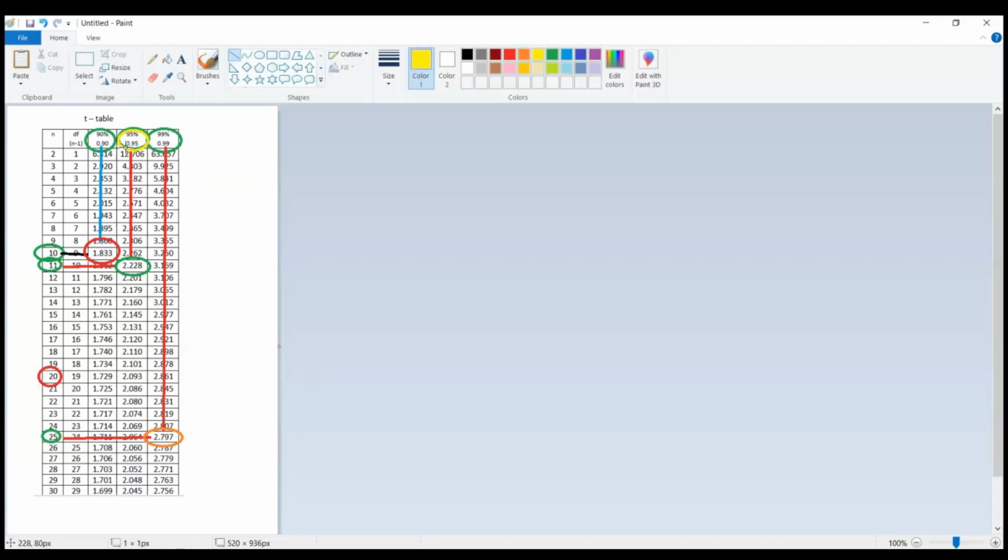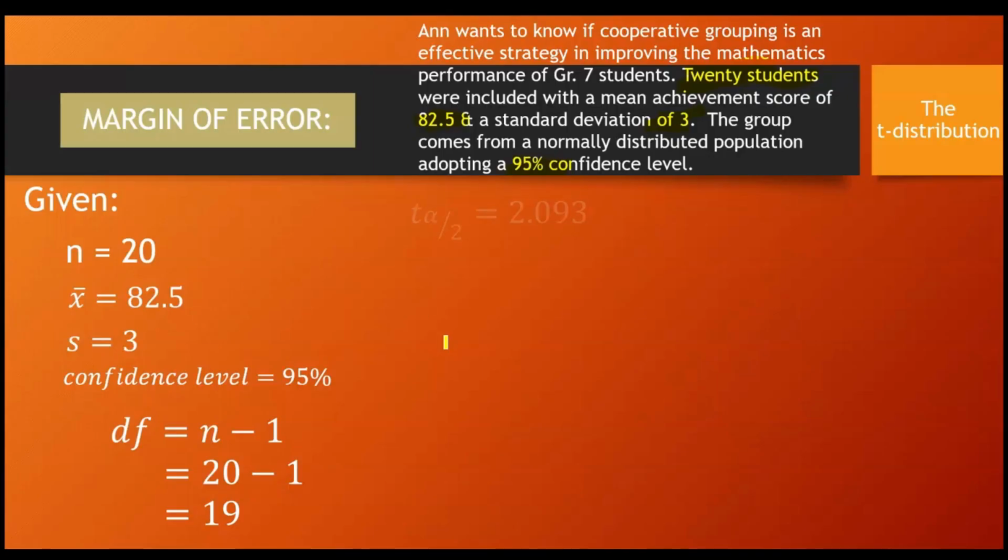Where these two values cross, that is the value of our confidence coefficient. They cross at 2.093. So our confidence coefficient or critical value of t is 2.093.